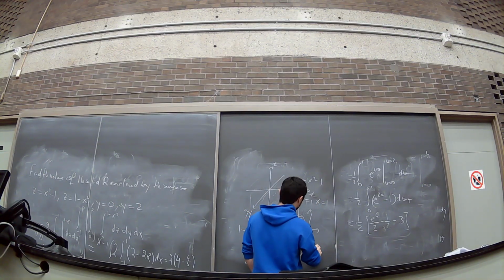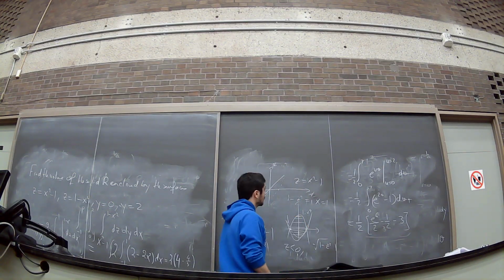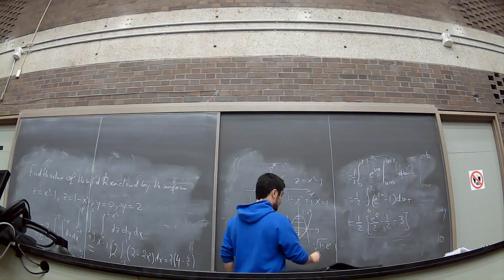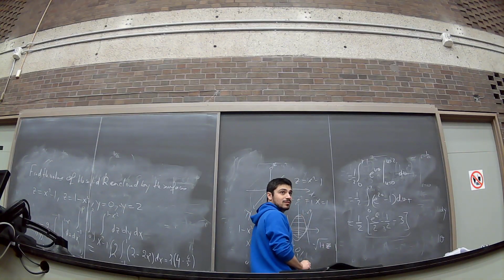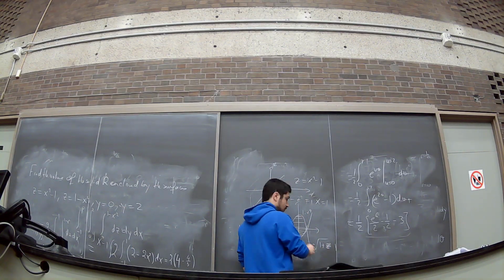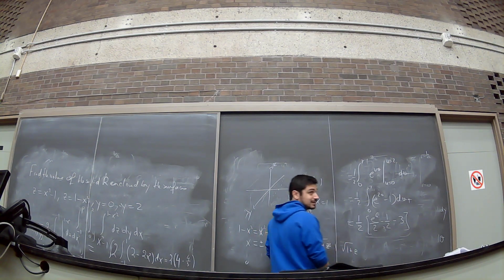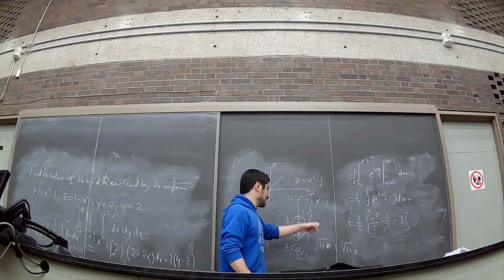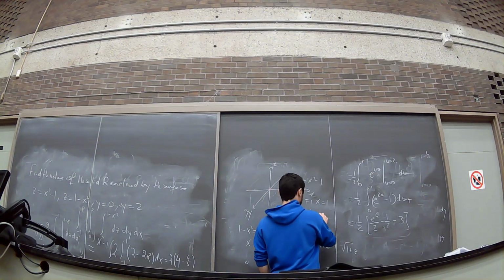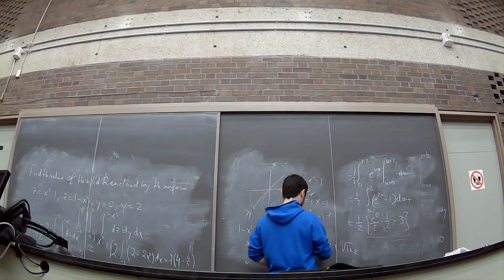X might range from negative square root 1 plus z to square root 1 plus z. This is if z is negative. And if z is positive, x will range, so this is z, and this is here, z plus 1, right? And here x is equal to 1 minus z.